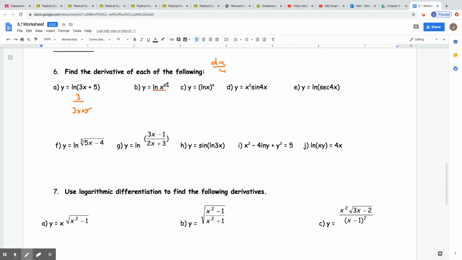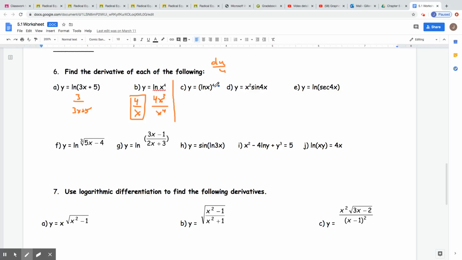All right. For this one, the derivative of x to the 4th is 4x cubed over x to the 4th, which then simplifies to 4 over x. All right, 4 over x. All right. The natural log of x, all of that raised to the 4th. So with this one, you got to be a little careful.